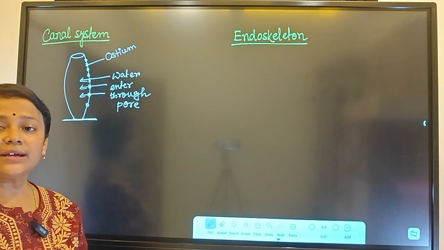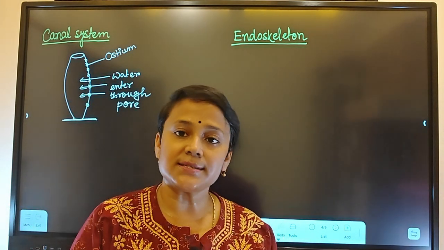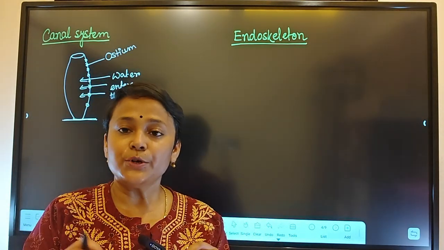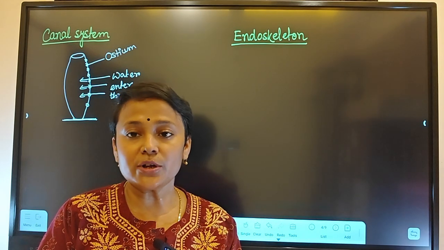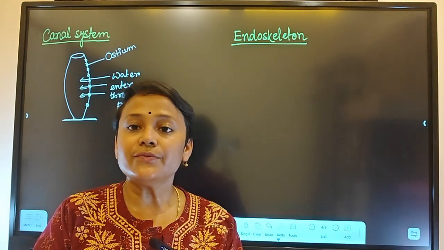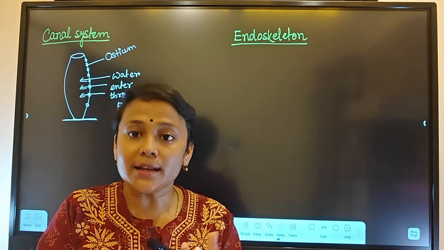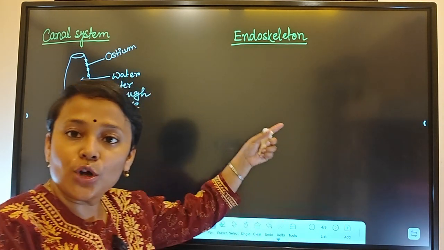Why will the water enter? It will help in respiration, meaning gaseous exchange. It will help to remove the excretory products. It will help to gather the food which is present in the water, which will be collected by the collar cells.